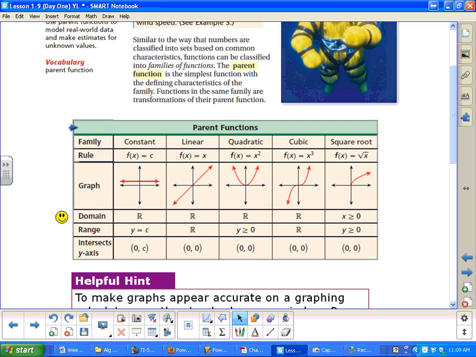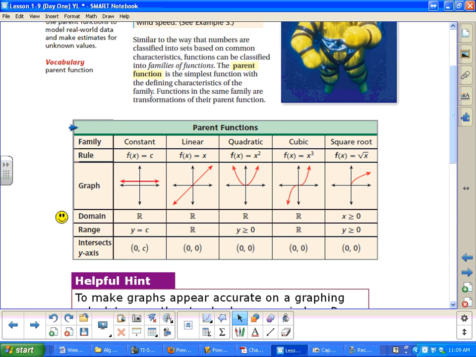You notice that the domain for all of them except for square root is all real numbers. And the reason it's not for square root is because of why? Why does it say only x is greater than or equal to 0? You can't take the square root of a negative, right?